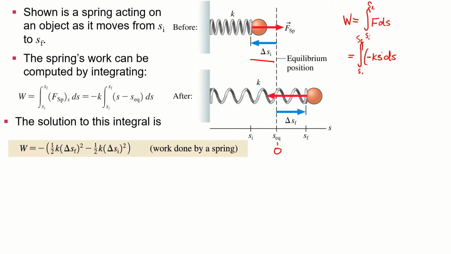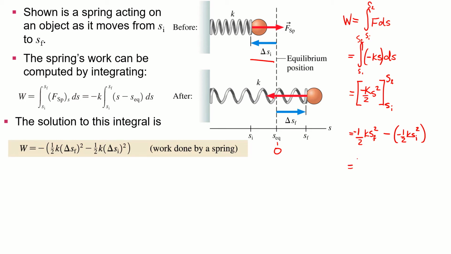You don't have to. You can go through this all without that, but this just makes the integral and everything easier. If I do that integral, the integral of S with respect to S ends up being S squared over 2. So this whole integral ends up being 1/2 negative k S squared, right? And if I evaluate that from those two limits, S initial to S final, what I end up with is negative 1/2 k S final squared minus negative 1/2 k S initial squared.